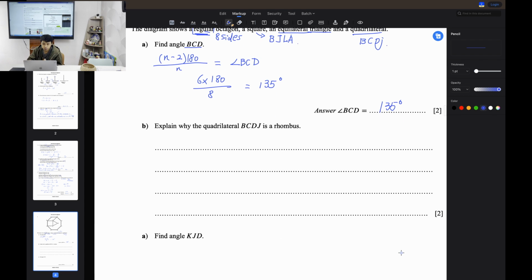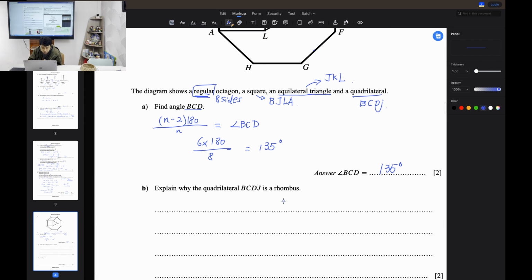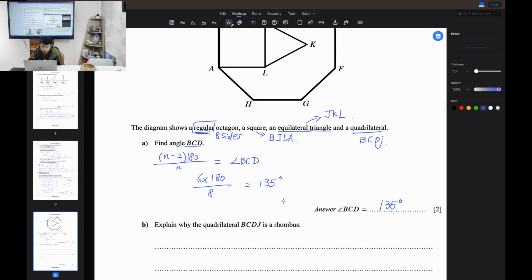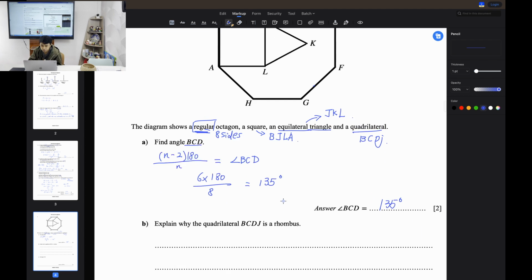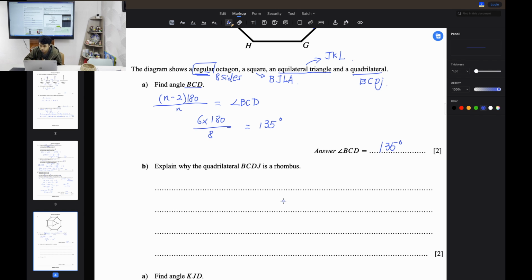Okay? Then let's explain why quadrilateral BCDJ is a rhombus. So first of all, this is a 2 marks question. And a rhombus, what's a rhombus? First of all, we need to know what's a rhombus.